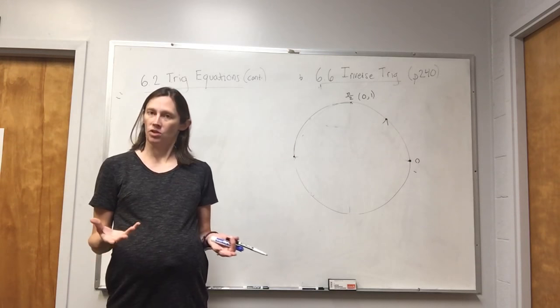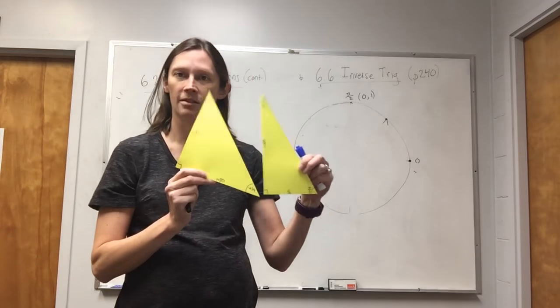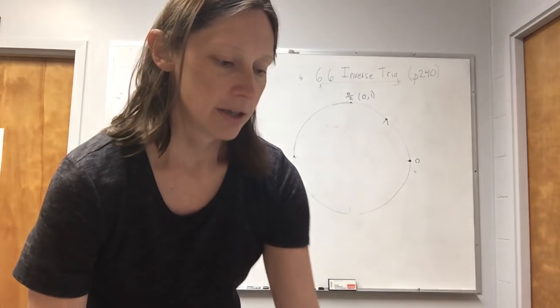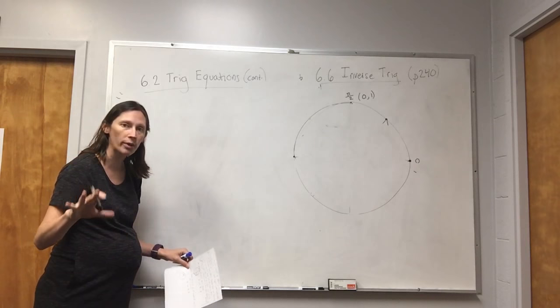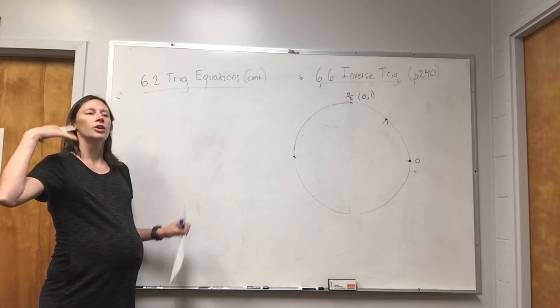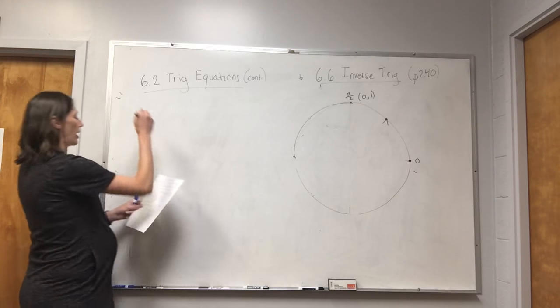We're just thinking about the circle as a tool, and if we're memorizing anything, it's the two triangles, 30, 60, 90, 45, 45, 90. So for inverse trig, we're going to start with a lot of background information that we've already covered. We're going to try to connect it to things that hopefully you already remember, or if you don't remember, you have to review anyway for the final, okay?